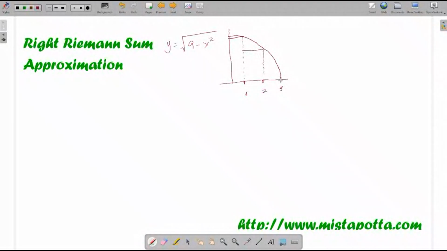And you can see in this situation, I'm going to end up with an underestimate. Here, of course, when x equals 3, I end up with 9 minus 9, or 0. So the area of this rectangle is actually 0. The area of this rectangle is radical 8, and the area of this rectangle is the square root of 5. So my total area here is approximately 5.064.